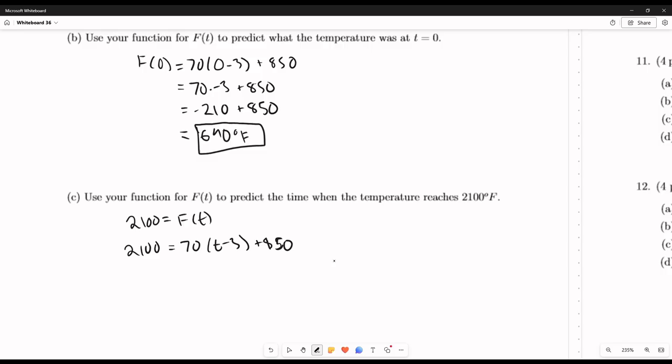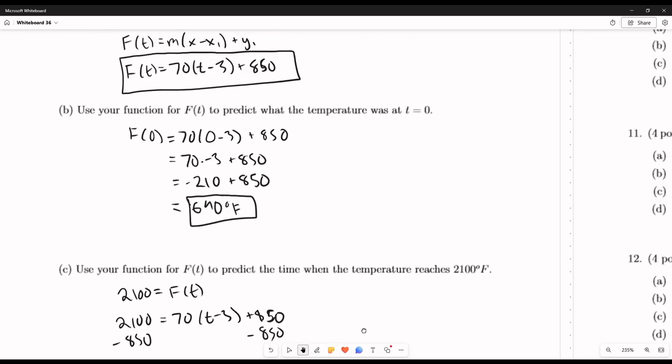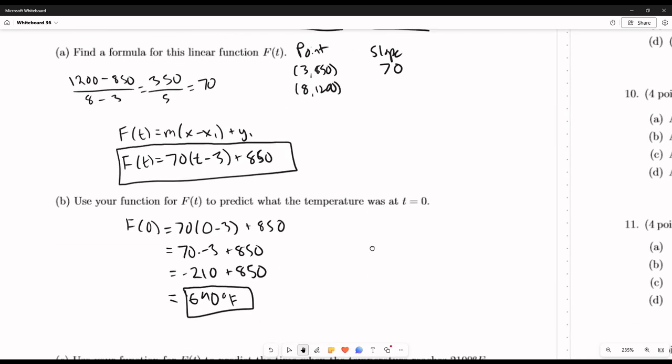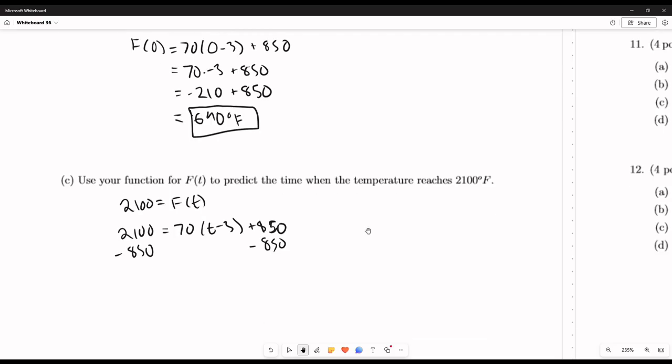I don't see any big reason why we need to do that, but you could if you wanted to. Let's start by subtracting 850 from both sides. 2100 minus 850. Now we have 2100, which is a bigger number.